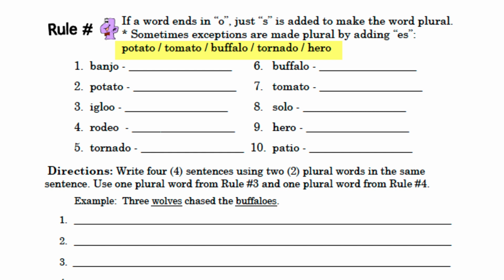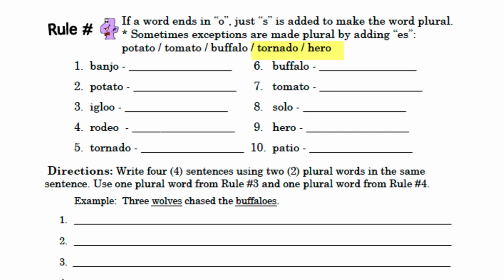We just came up with a funny little trick that if you can eat it, or if it can save you or hurt you, then you add an ES. That works for potatoes and tomatoes. You can eat them.